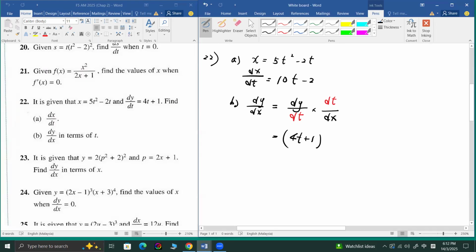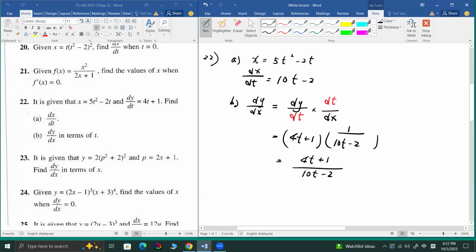There you see dx/dt, but you need dt/dx. So I make it reciprocal. After I reciprocate it, I multiply it, and I found out that it cannot be simplified anymore.